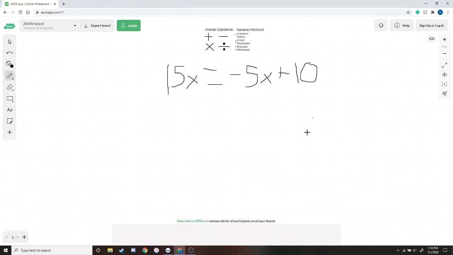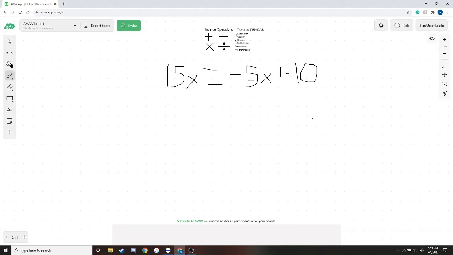Our next equation is 15x is equal to minus 5x plus 10. So here, in this case, you want to bring the x's on one side and the constants, so terms without an x, on the other. Here, we need to bring this minus 5x on the other side where the 15x is.